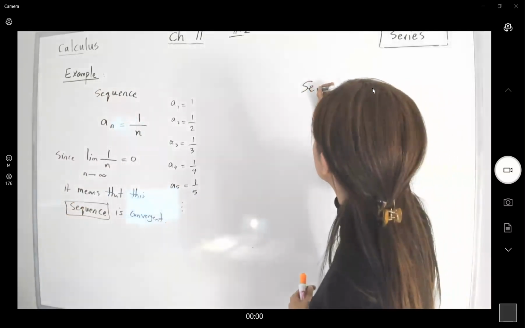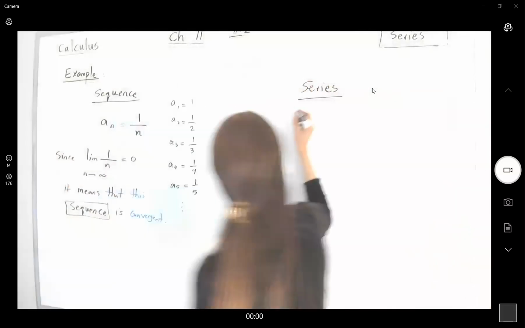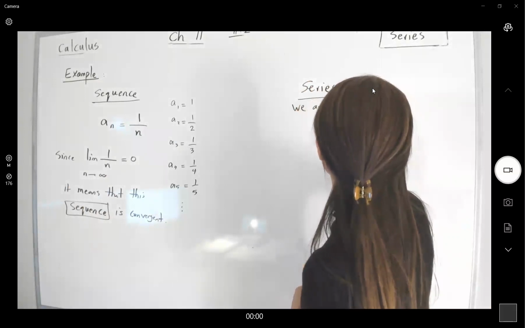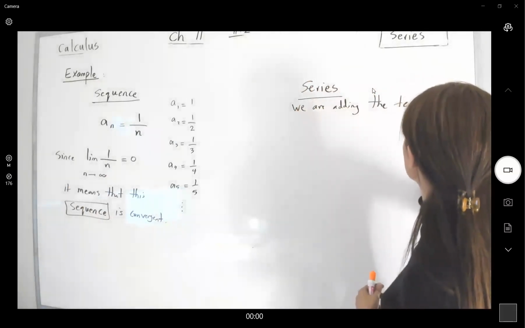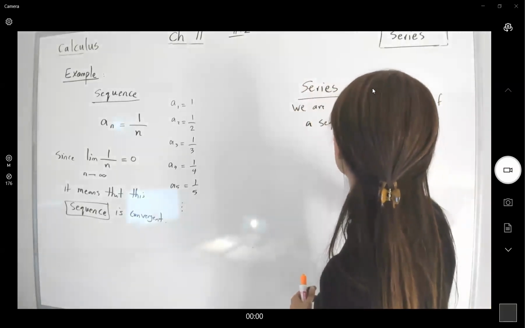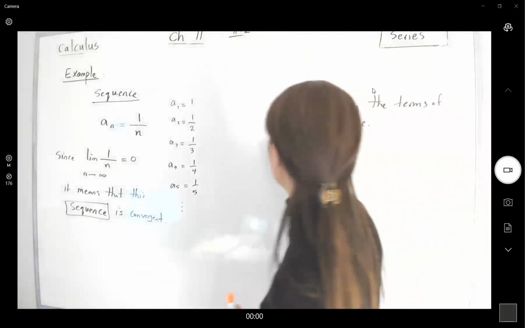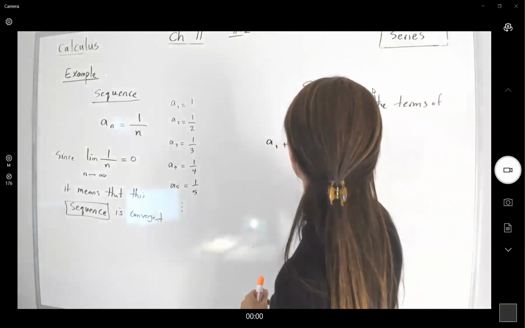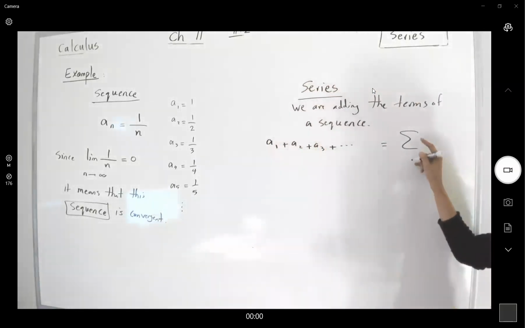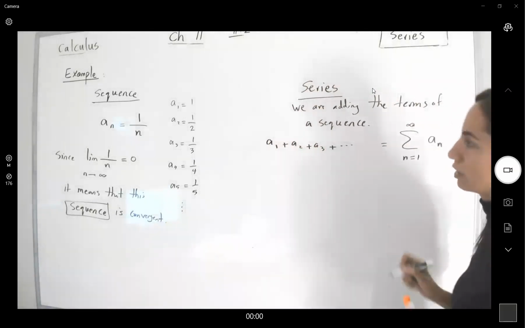As a series, we are adding the terms of a sequence. What sequence? Let me take this sequence. a1 plus a2 plus a3 plus dot, dot, dot, or the summation of a n, n starts from 1 to infinity.